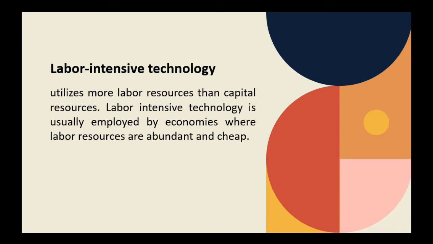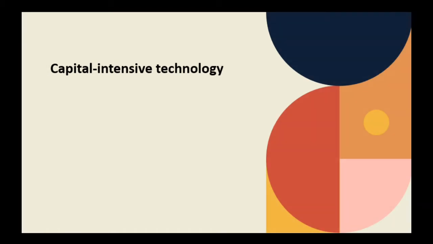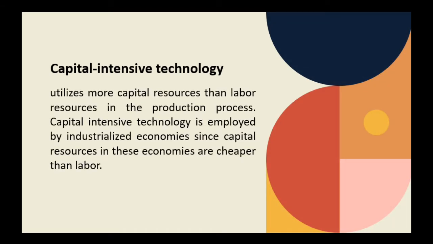Labor-intensive technology is usually employed by economies where labor resources are abundant and cheap, while capital-intensive technology utilizes more capital resources than labor resources in the production process. So capital-intensive technology is employed by industrialized economies since capital resources in these economies are cheaper than labor.